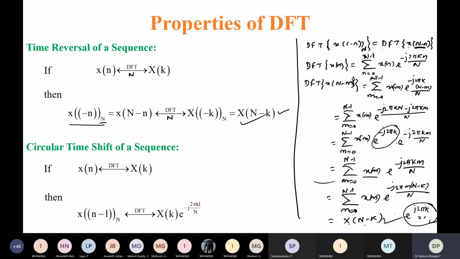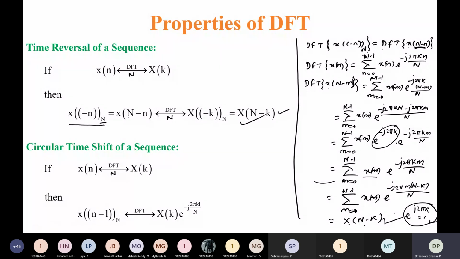Now the next one is circular time shift of a sequence. Next property, circular time shift of a sequence. So what is this property? If the n point DFT of x of n is x of k, then for circular time shift, you have to shift the time.